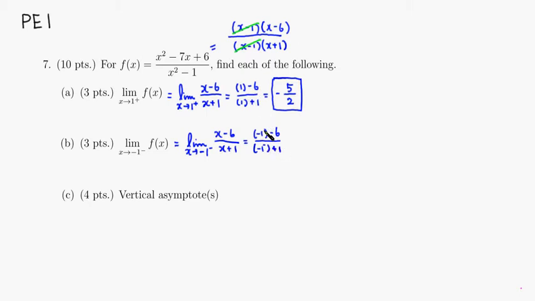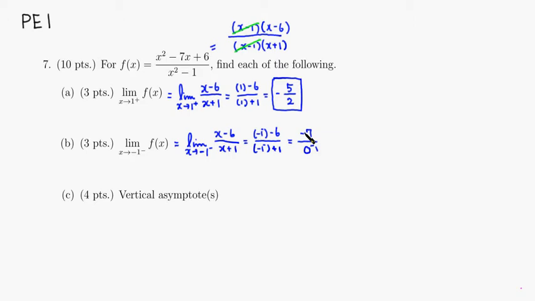Negative 1 minus 6 is negative 7, so there's no problem there. But negative 1 plus 1 is actually 0. Since x is approaching negative 1 from the left, x is slightly smaller than negative 1, so it approaches 0 from the negative side.